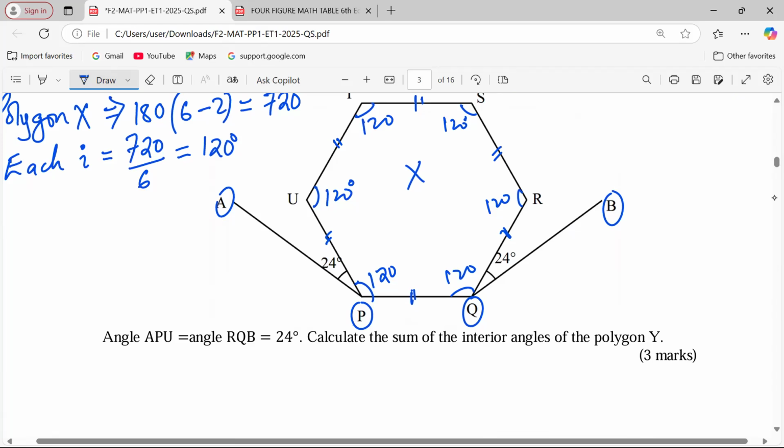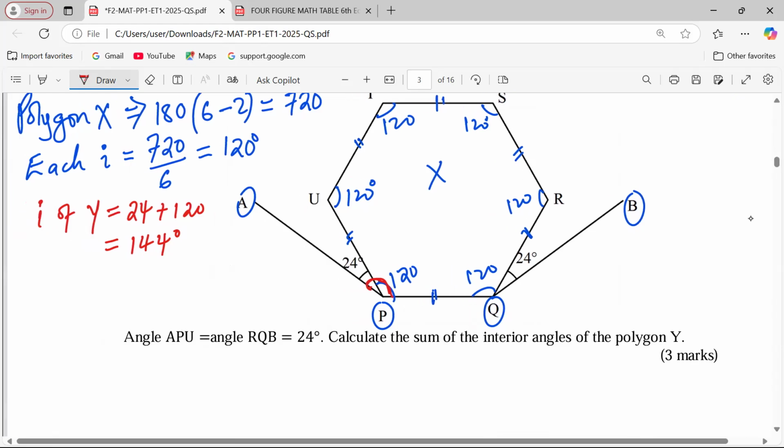Now that the other polygon, which is Y, can be linked to polygon X, we can say that the interior angle of Y is the bigger one. It is the portion of 24 plus the 120, which is the complete angle of X. So the interior angle of Y shall be 24 plus 120, giving us 144.